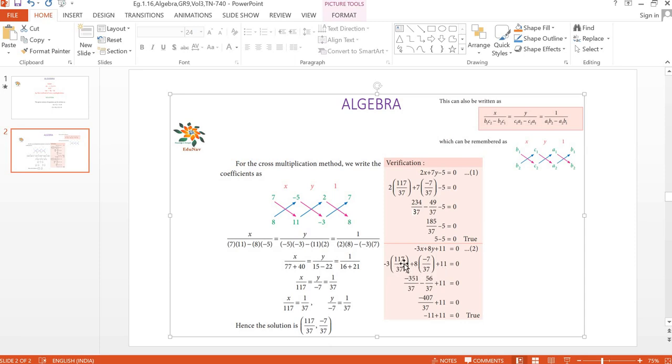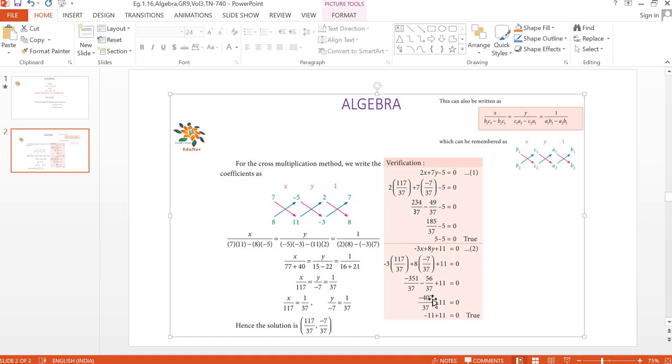Now -3 into 117 will be -351 and also -7 into 8 will be -56. Therefore our next step becomes -351 by 37 - 56 by 37 + 11. Of course -351 by 37 - 56 by 37 will be equal to -407 by 37. Plus 11 is already there, that also we will retain as it is.